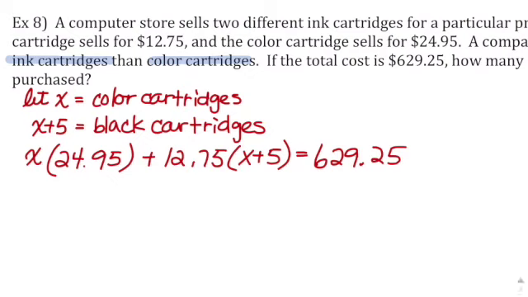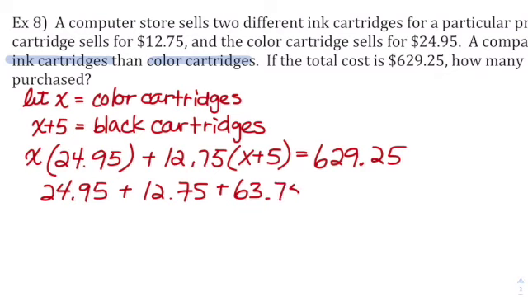So to distribute and solve, that's going to be 24.95x plus 12.75x plus 63.75 equals $629.25.